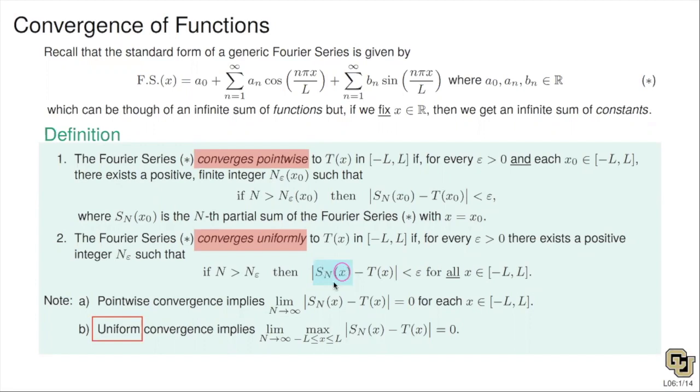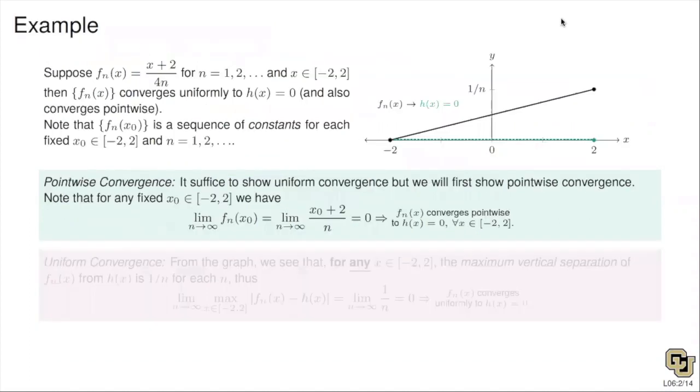For each number n, there's a function from this sequence. So if you send n to infinity, for each n, that's a function, and for each of those functions, you can evaluate it at different x values. So uniform convergence is implying convergence across all x values.